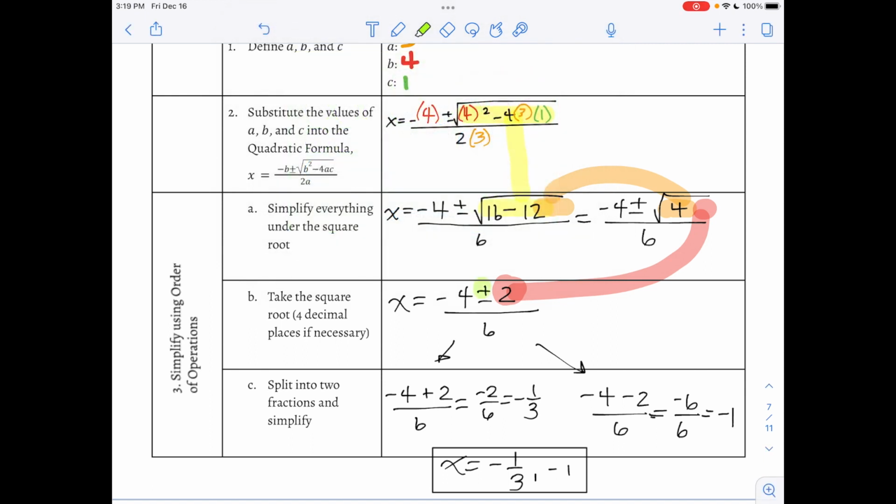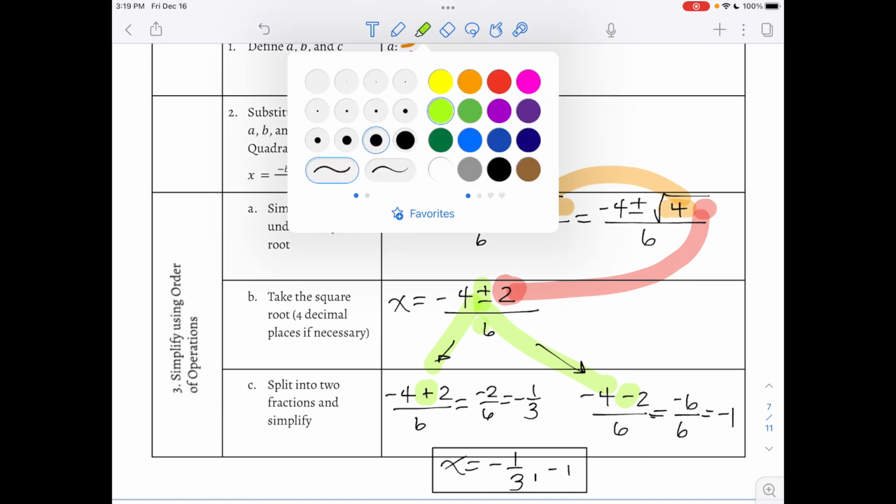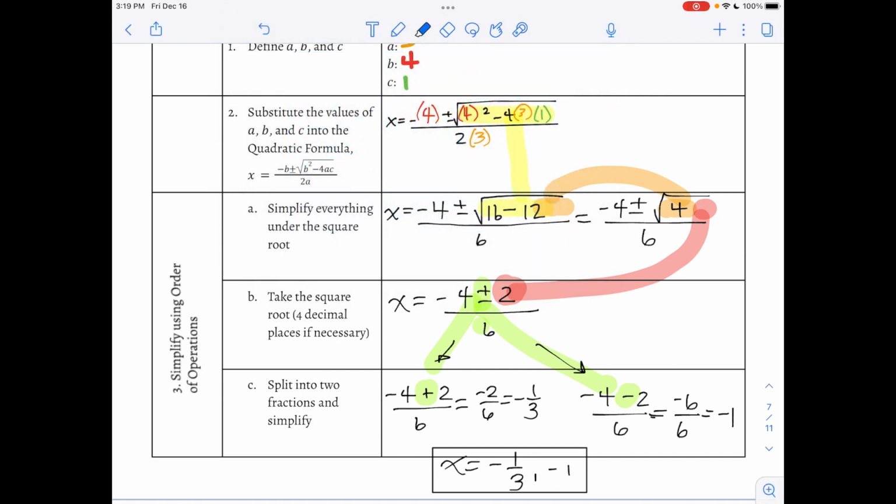And finally, this split into our 2 pieces here. So that's what's changing in each step. I guess also I can say that we simplified this and this here.